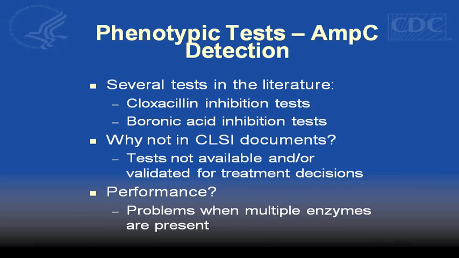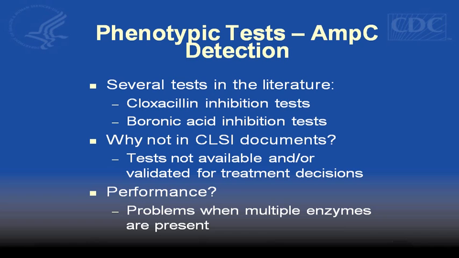There are phenotypic tests that have been proposed for detecting AMP-C type enzymes. There are ones that use different inhibitors. Cloxacillin has been used, boronic acid has been used. And these have never occurred in the CLSI documents. And there are a couple of reasons for that. One is sometimes these are patented tests, and that would not fit into a CLSI document, which is meant to be multiple source testing.